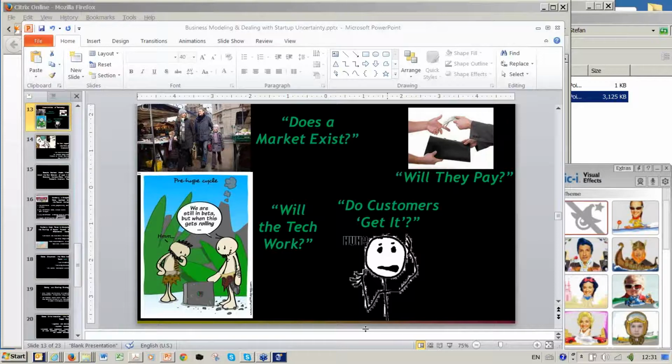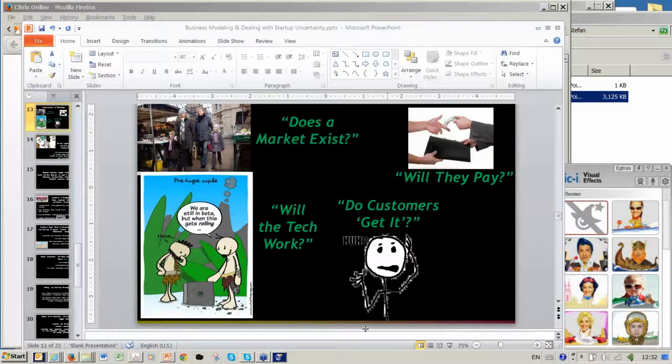One is, let's demonstrate that there's a market that exists, or one that can be developed with your particular business model, whatever that might be. 2 is, let's look at what that particular market needs, and what's the product or service that you're going to offer to them, and what are the performance characteristics or criteria that they need. And then 3rd is, if you launch this product or service, will customers understand what it is, and will they pay money in some particular form?